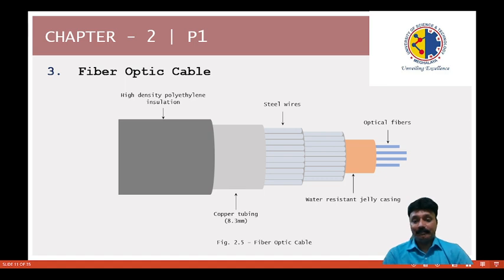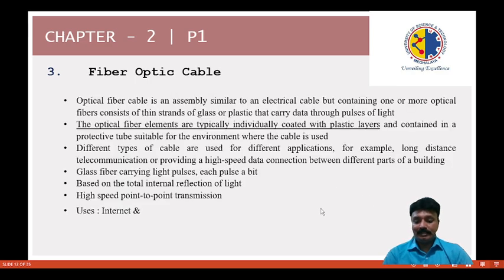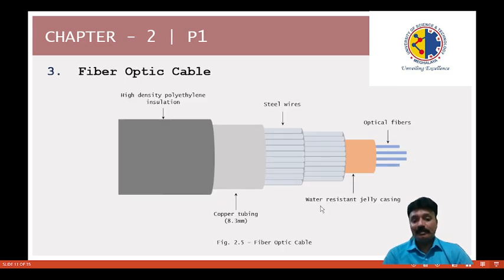The light reflections inside the cable are protected by a water resistant jelly casing. This water resistant jelly casing protects the cable fibers inside in case the cables pass through water. Then steel wires are also used for protection, and copper tubing is another layer.